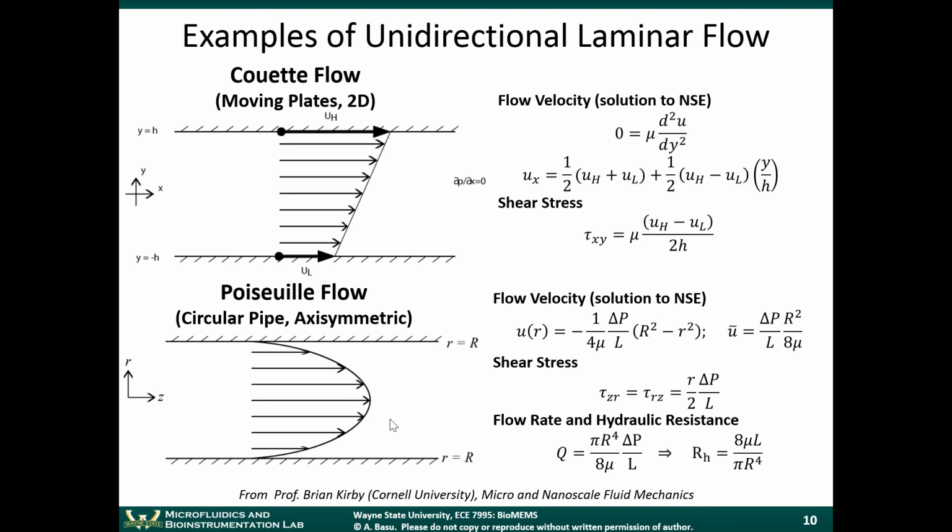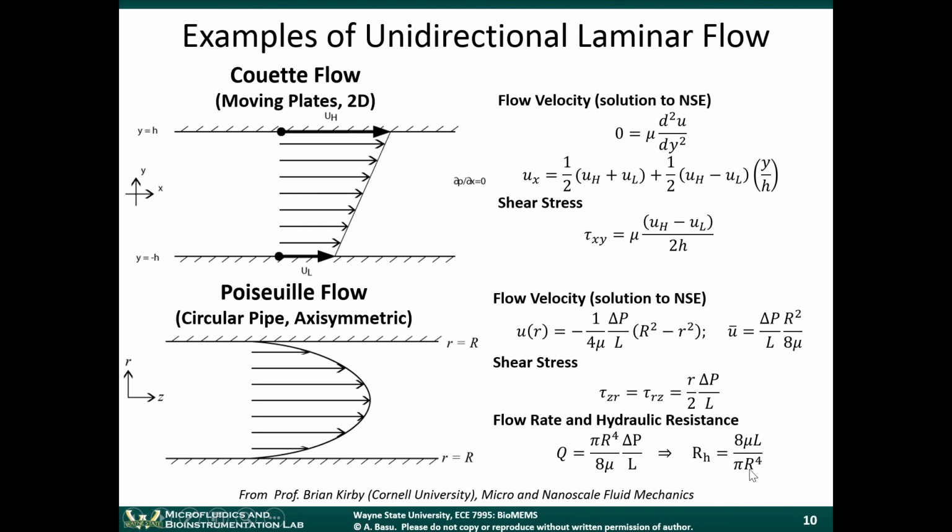So if we want to make an electrical circuit modeling this thing, the hydraulic resistance would be the ratio of pressure to flow rate, V over I. That's the resistance. So the hydraulic resistance for a circular pipe is given by delta P divided by Q, and that's just given right here: 8 mu L divided by pi R to the 4th.